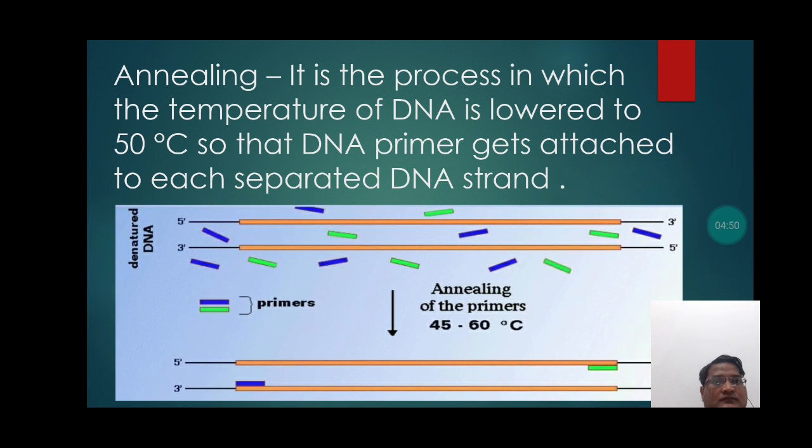Annealing. Students, it is the second process in the polymerase chain reaction. It is a process in which the temperature of DNA is lowered to 50 degrees centigrade so that the DNA primer gets attached to each separated DNA strand.